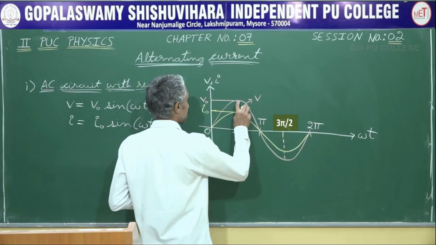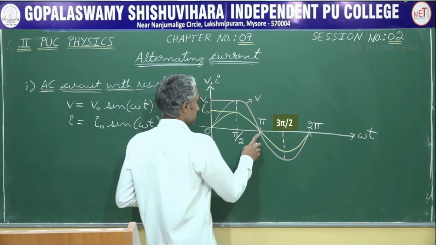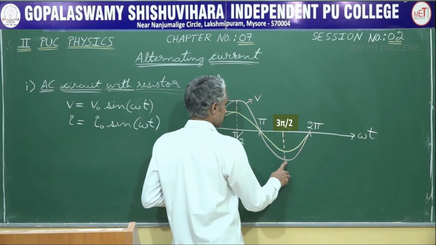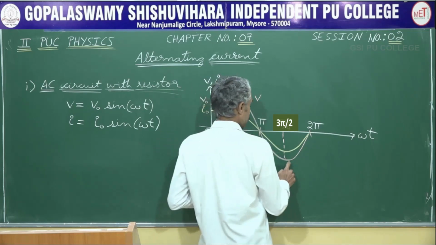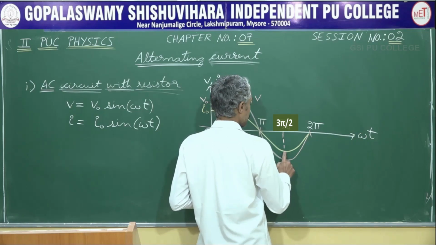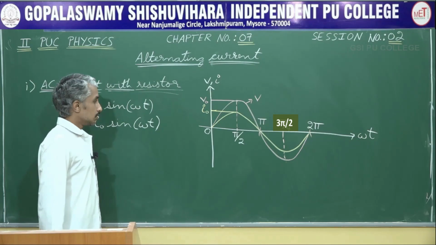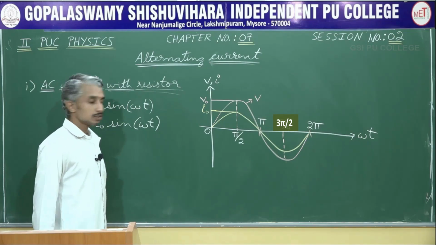As voltage decreases from maximum to 0, current also decreases from maximum to 0, and as voltage decreases from 0 to negative maximum, current also decreases from 0 to negative maximum, and as voltage increases from negative maximum to 0, current also increases from negative maximum to 0. So, in this way we are going to represent AC current and voltage graphically.